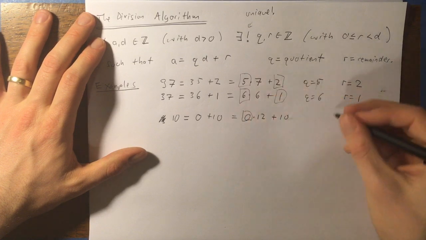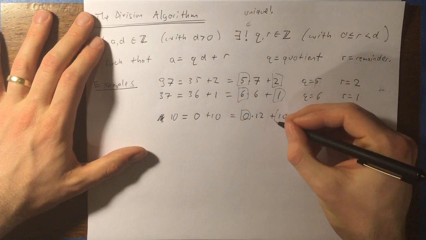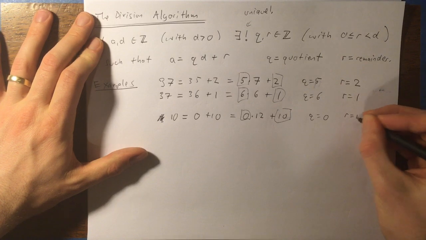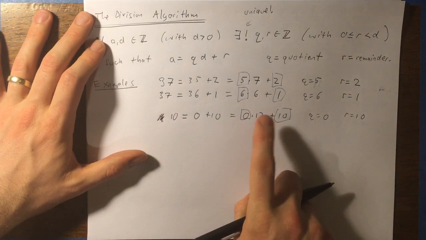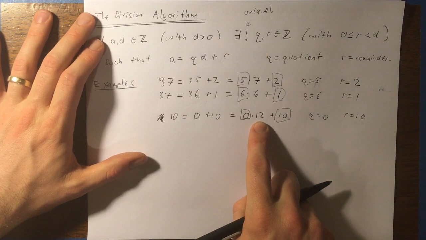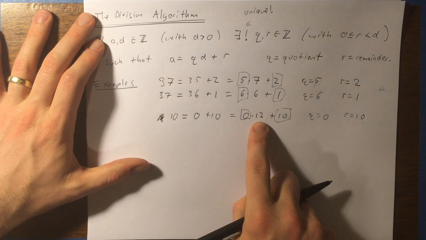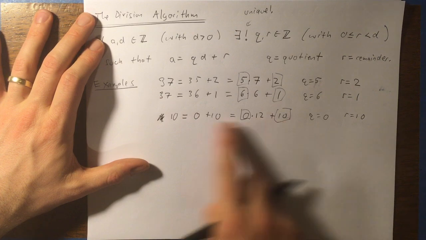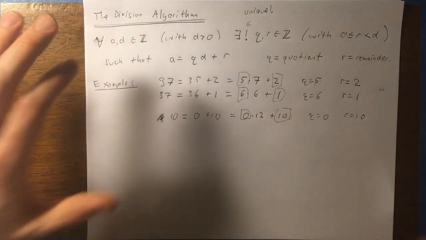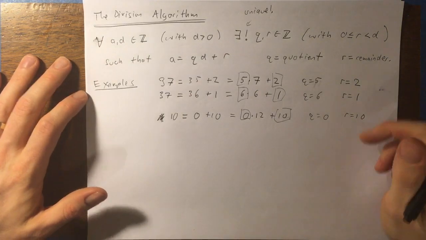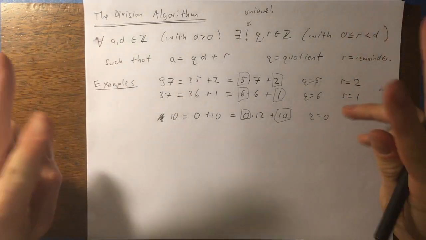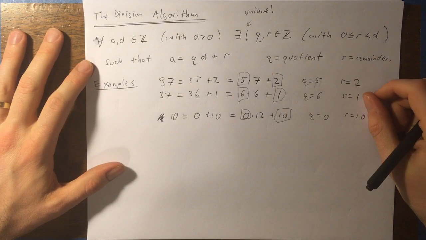And so the quotient is 0, and the remainder is just 10. So if you try to take a number divided by something larger than it, if you're going to divide by 12, then you just have a quotient of 0, and the entire number is your remainder. So it works for any two numbers, okay? So this is called the division algorithm. It's not much of an algorithm per se.